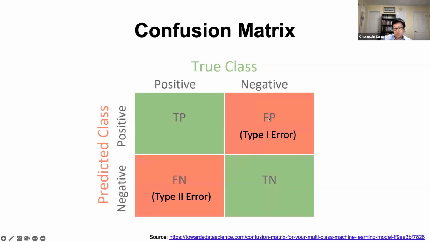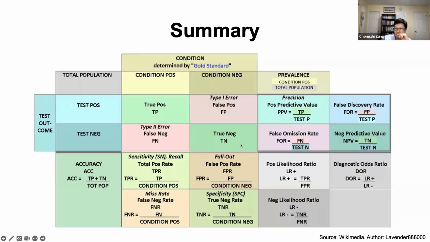Type 1 error means that the person does not have this disease, but in our diagnosis test, we say they have the disease. And type 2 error means that the person does have such a disease, but the diagnosis failed to detect it, right? These are the concepts of these 2 types of errors.